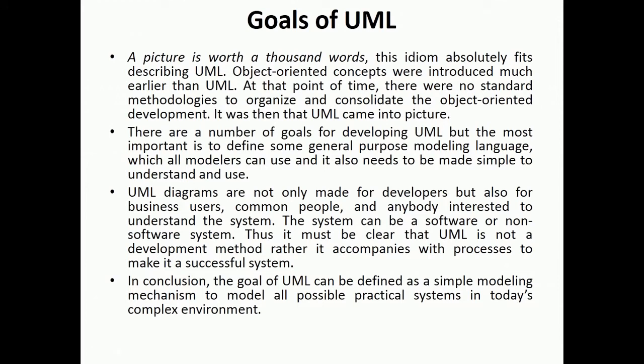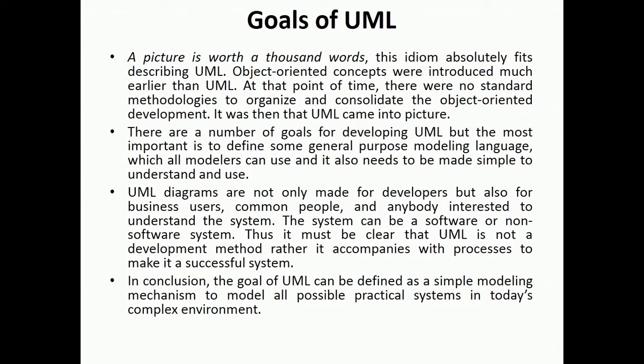So if we talk about system development, system development focuses on three different models of the system: the functional model, the object model, and the dynamic model. What is the functional model?